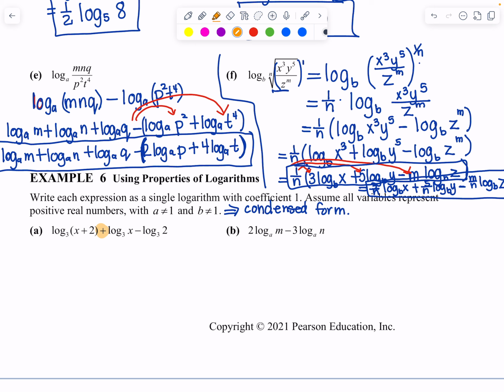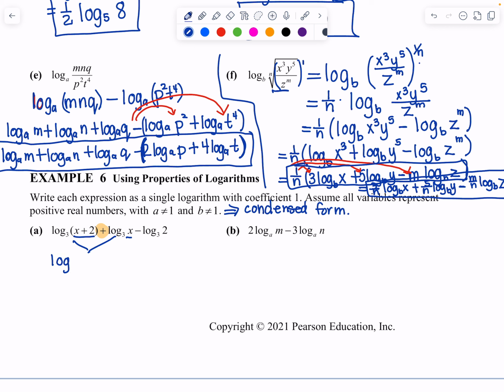Rewrite addition. To rewrite addition means to go to multiplication. So these two things will be multiplied, this and this together. So I'm only taking care of that. I'll deal with the minus 2 in a little bit, but I'm going to take care of that first. Okay. So let's do it.